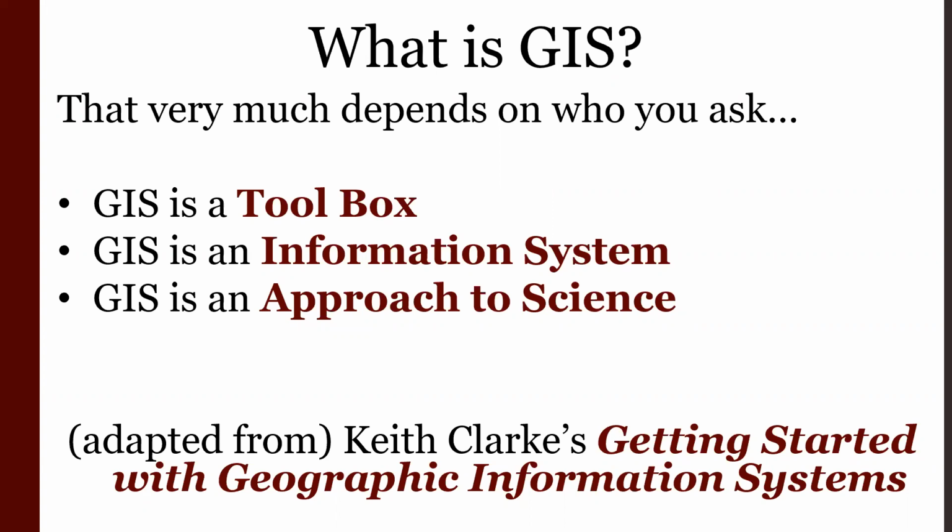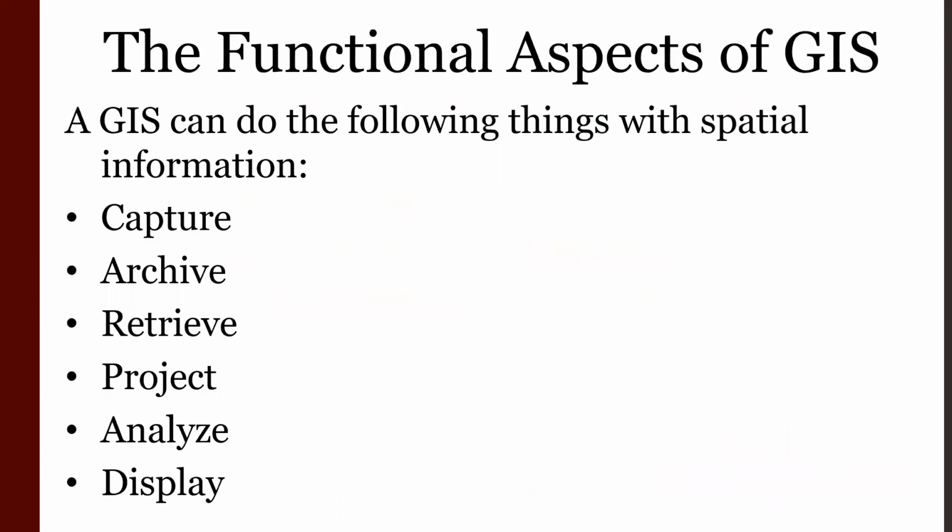GIS is a way of structuring and storing data. Or GIS is an approach to science. You can ask questions and understand relationships that you could not ask or understand in any other way. That's what GIS is.